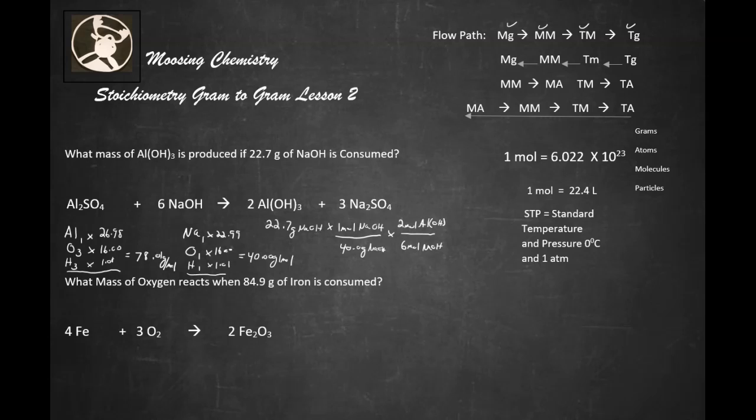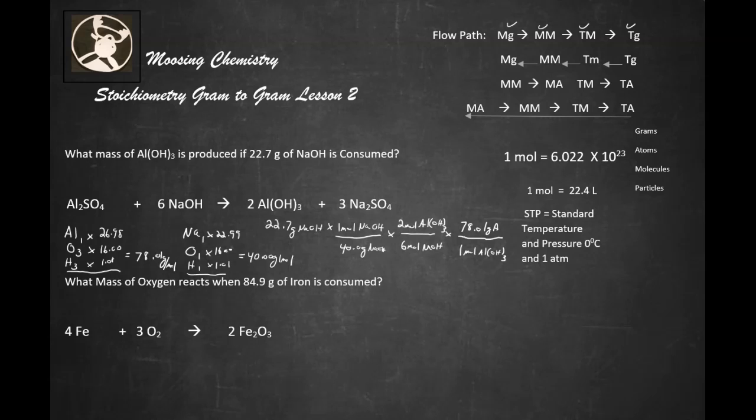Again, space looks a bit tight, but I think we're going to make it. Put 1 mole of Al(OH)3 on the bottom, because we're converting into their grams, and we know the molar mass of Al(OH)3 is 78.01 grams.